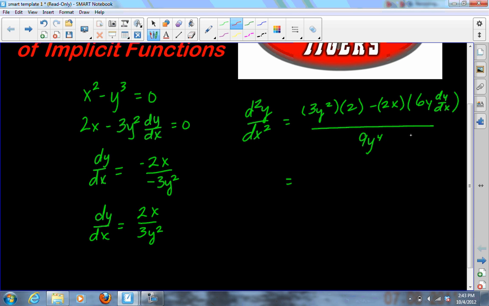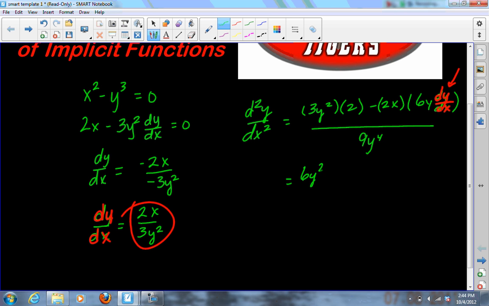And also, the key is the second derivative will usually have a dy dx in it. And this over here is what dy dx equals. So that means that all this stuff can be traded out for this dy dx. And that's the most important part to understand how to get this simplified as much as you can.